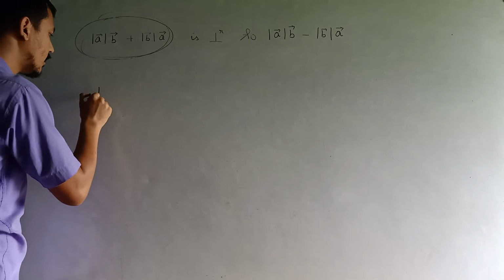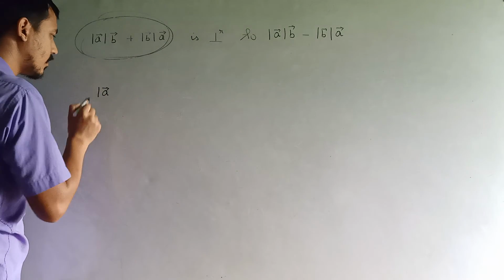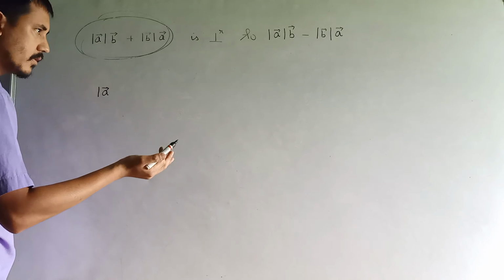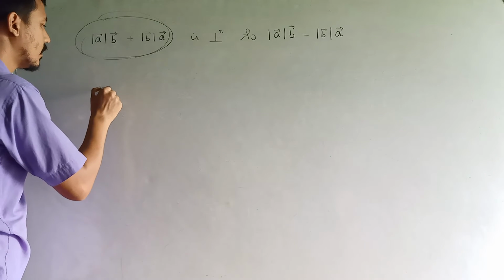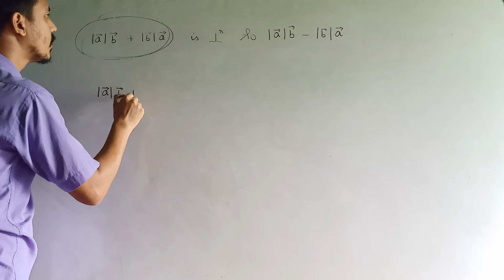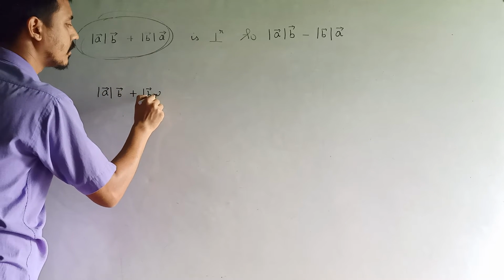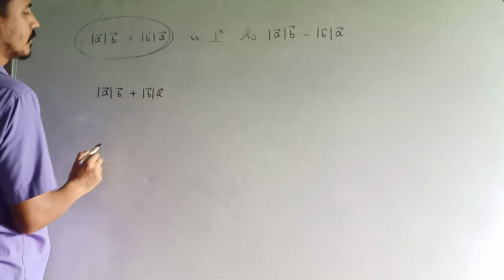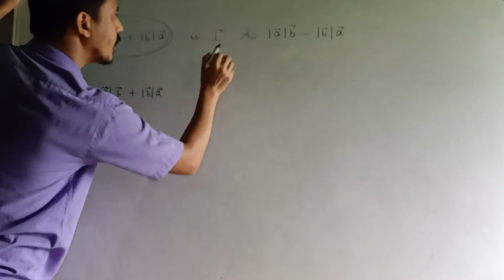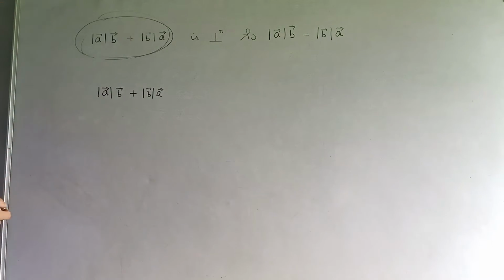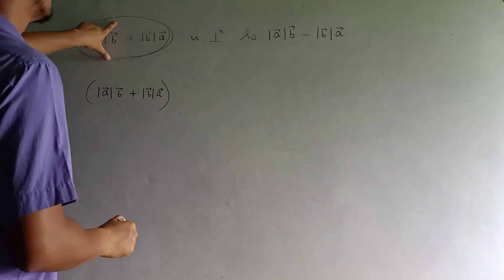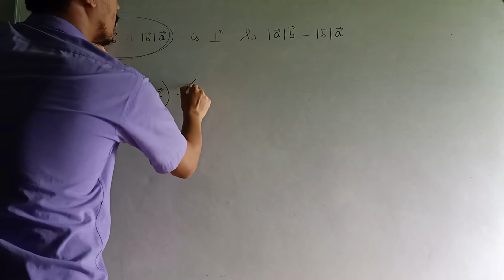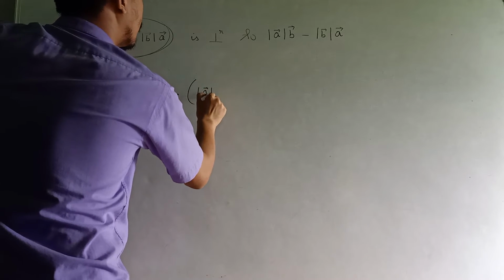Dot product is what we call the ordinary product, the scalar product. This is one vector, and this is another vector. I want to find their dot product, so your first vector dot this second vector.